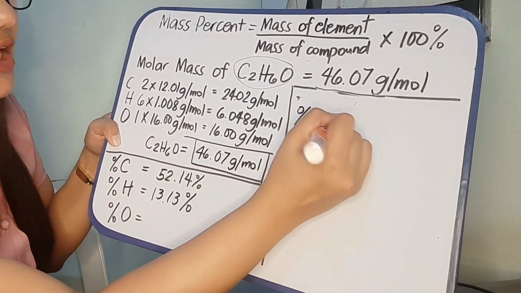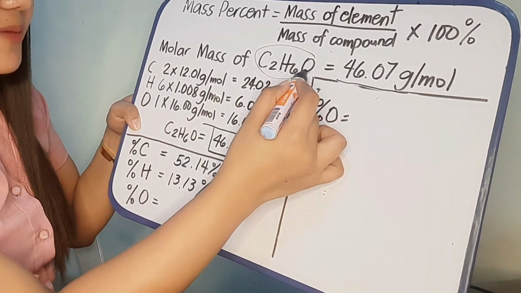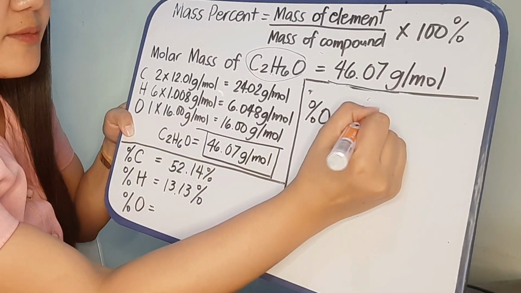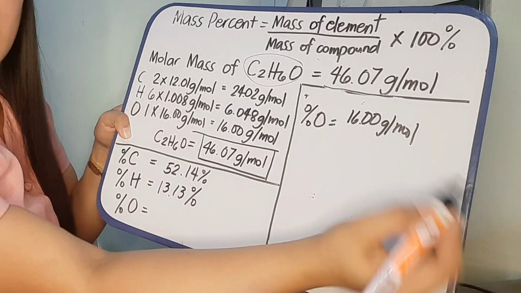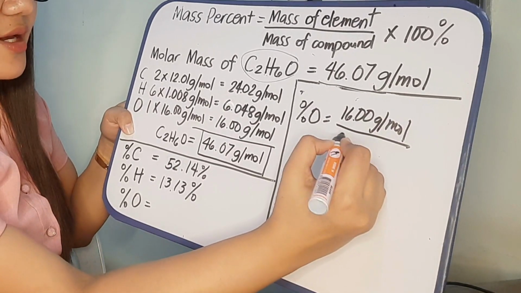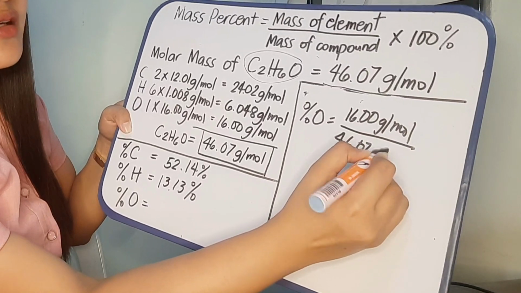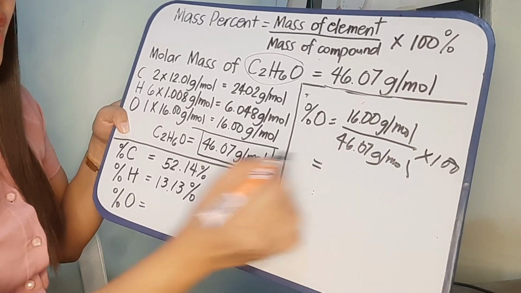Percent of oxygen. So we have, ang mass ng ating element na oxygen ay 16.00 gram per mole, divided by 46.07 gram per mole, times 100.